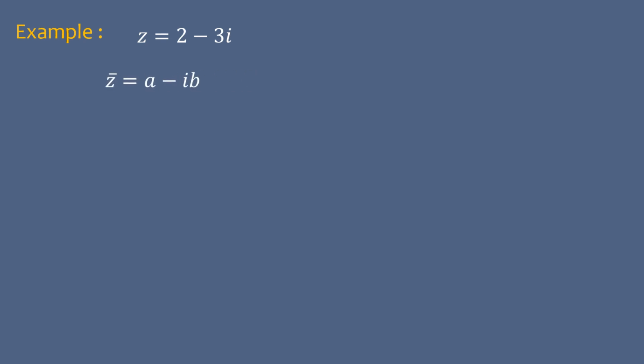As we know, the conjugate is equal to a minus ib, which means changing the sign of the imaginary part. So for this, the conjugate will be equal to 2 plus 3i. Similarly, we will calculate the modulus for z. The modulus square is a square plus b square, so we get 13 for this.